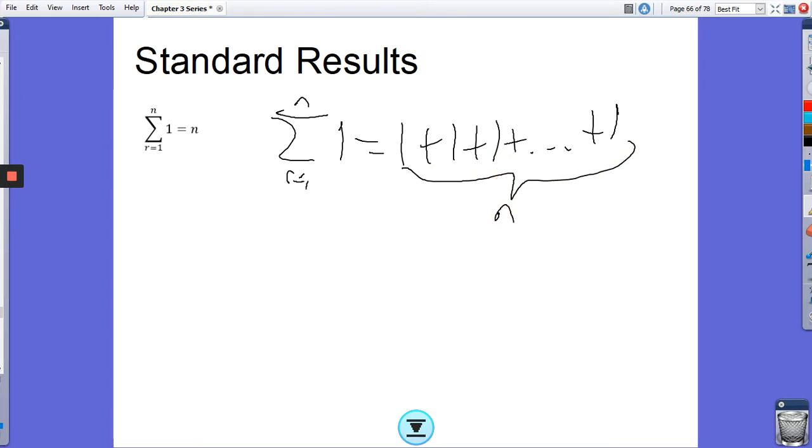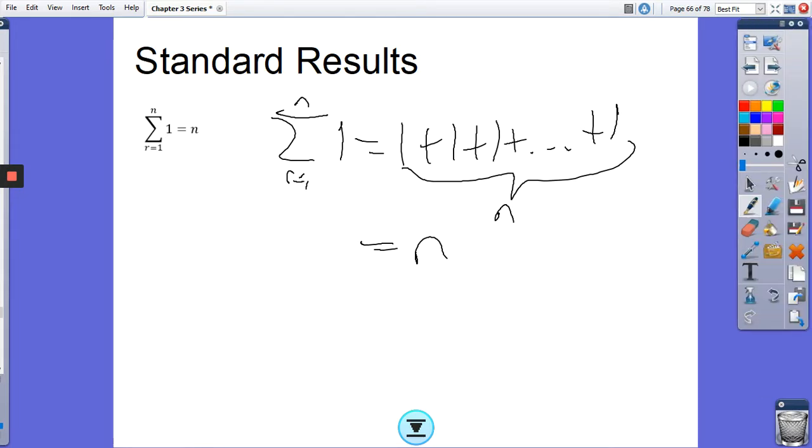So if you've got n lots of 1, you've just got n. It's useful to have that result. Let's look at another standard result, which it's good to know straight off without having to work anything out.